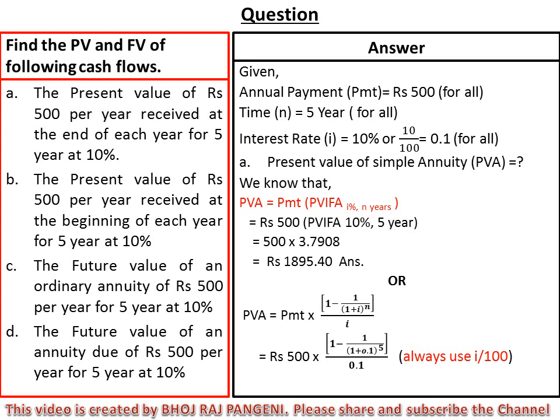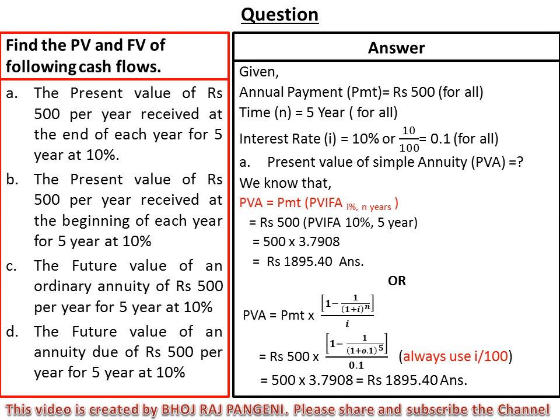Put the value of I, N and PMT. Always use I upon 100, that is I equal to 0.1 for 10%. The answer is the same.